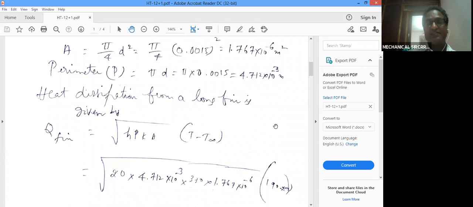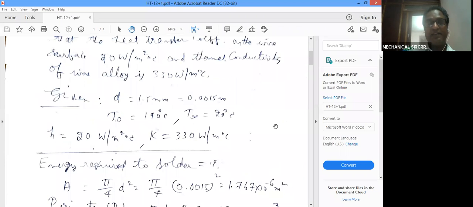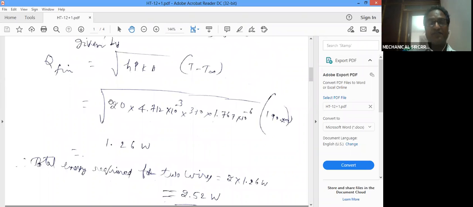So 190 minus 20 is 170. After taking the square root and multiplying by 170, you get the heat transfer through the single fin, single wire, 1.26 watts.